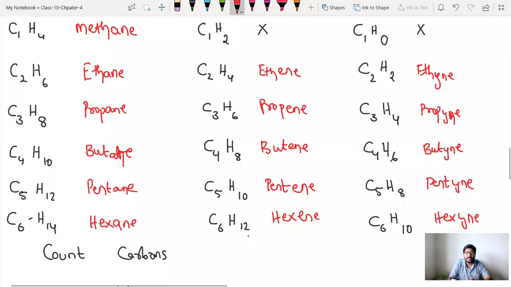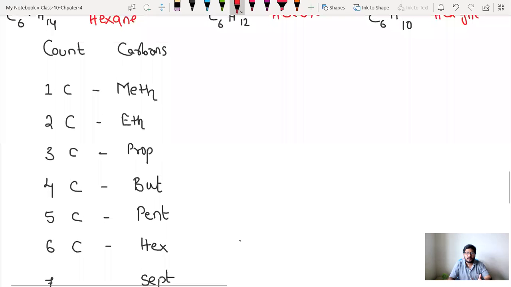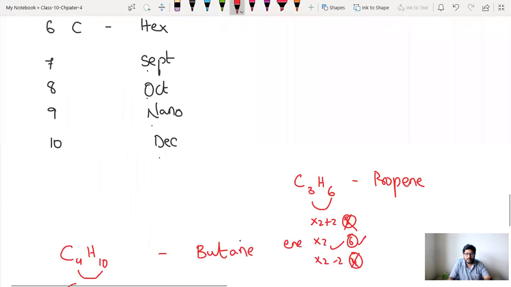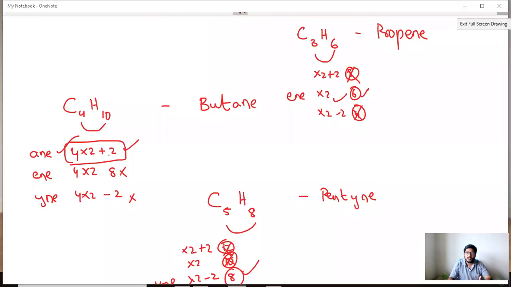Butane, butene, butine. Pentane, pentene, pentine. Hexane, hexene, hexine. Next, carbon compounds count. You can take this one screenshot. 1 means meth, 2 means eth, 3 means prop, 4 means but, 5 means pent, 6 means hex. And how to name? Simple. Very easy to understand.